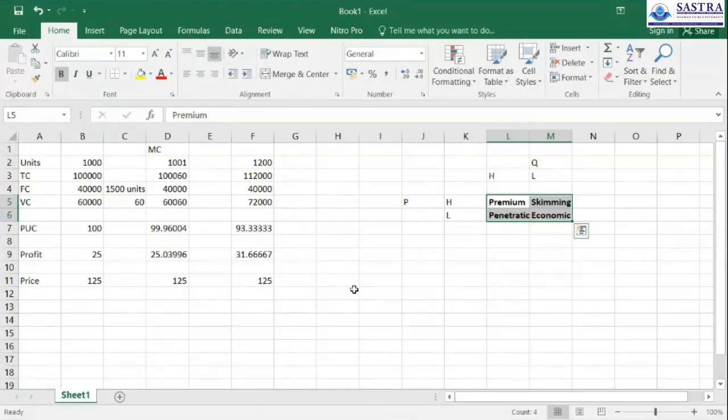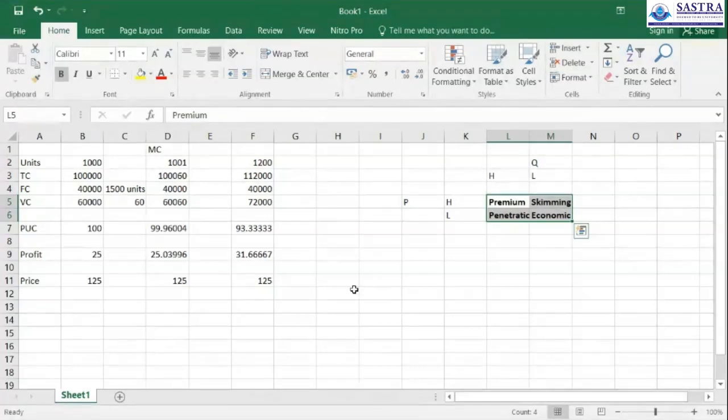Unlike that, in penetration pricing the company has entered the market to capture market share, to acquire and retain customers, so it offers relatively high quality products at a low price. For example, a product worth 100 rupees is sold by the company for 78 or 80 rupees.